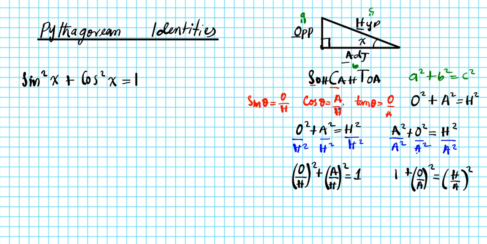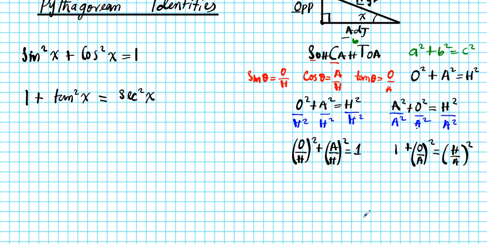H over A: A over H is cosine, so its reciprocal, secant, is going to be H over A. So this tells me another Pythagorean identity, which is that 1 plus tan square x is equal to hypotenuse over adjacent, squared, which is the reciprocal of cosine square, which is secant square x. So that's the second Pythagorean identity.